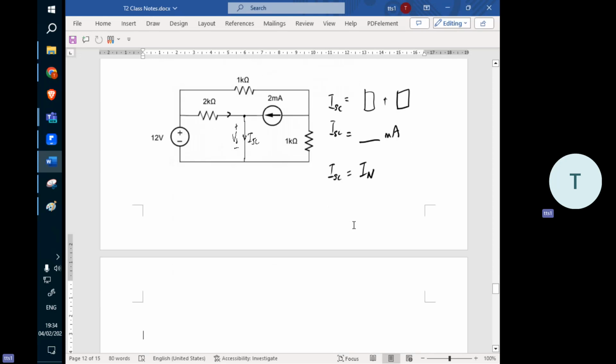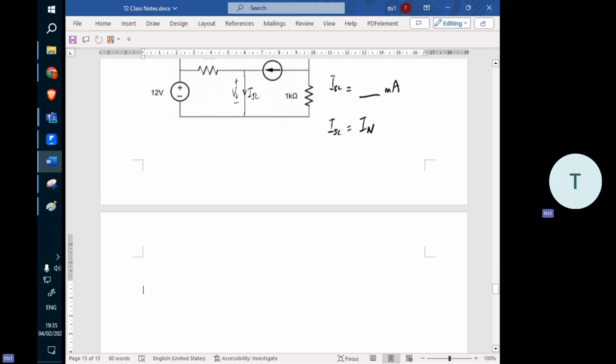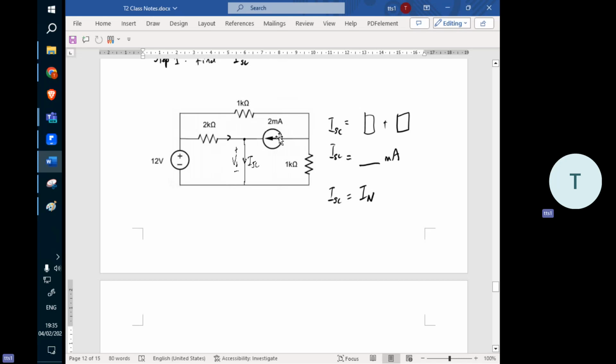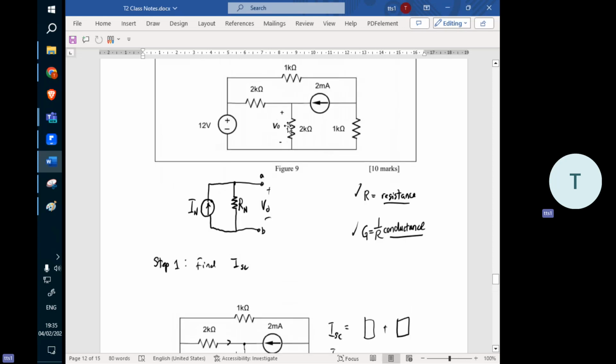To find the Norton resistance, we need to remove the current source, and also remove the voltage source. And then we join this one with the short circuit.